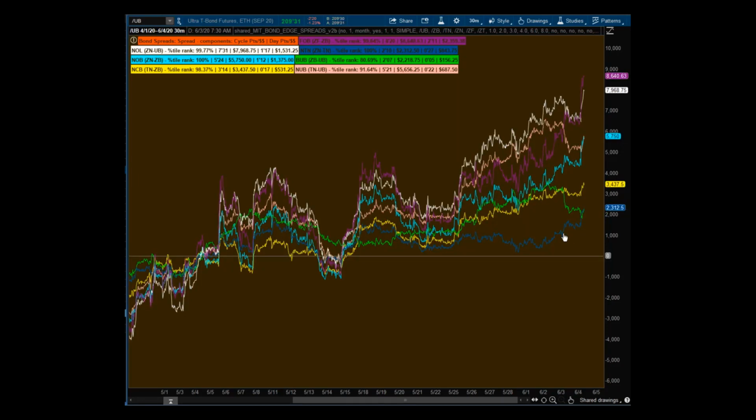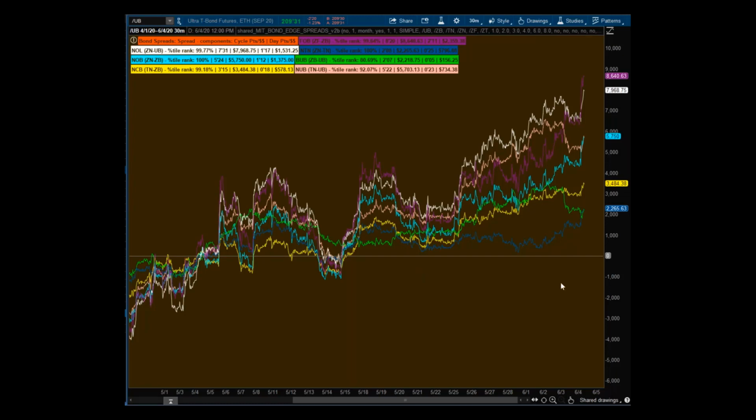I consider that a really easy, straightforward trade where we just knew this was wrong. Now what's interesting is all the spreads we're looking at here are back end of the curve. The only thing that dips into the middle of the curve is that FOB, this purple line, but everything else is TN, ZN, ZB. We're looking at the back end of the yield curve.